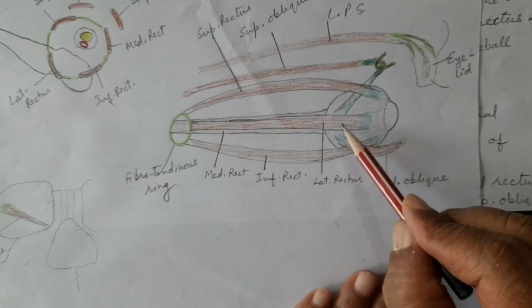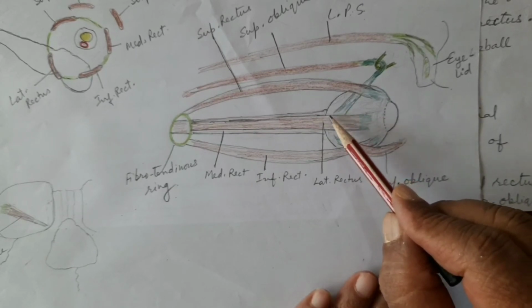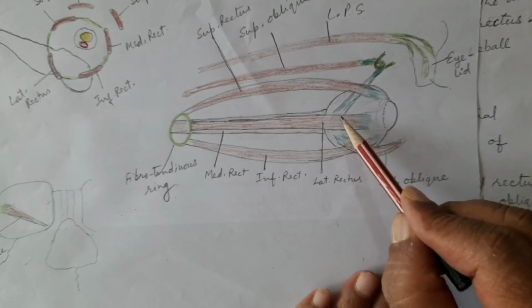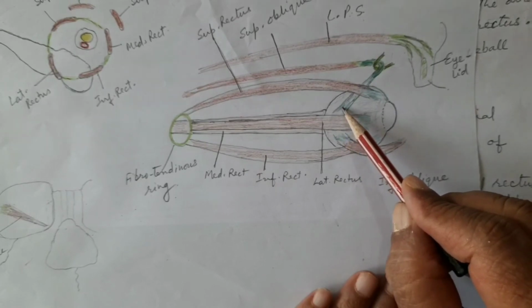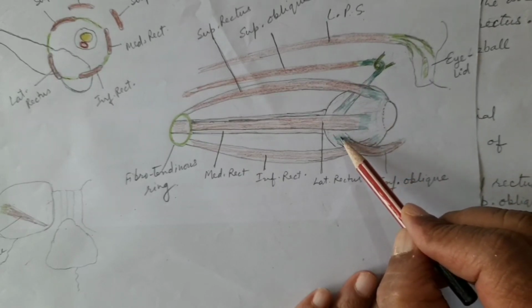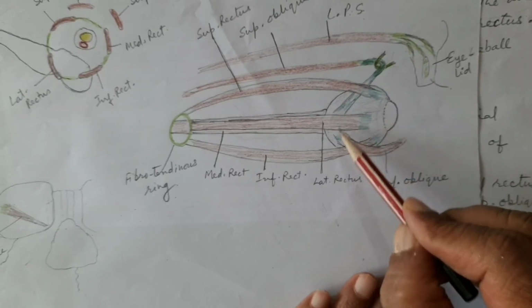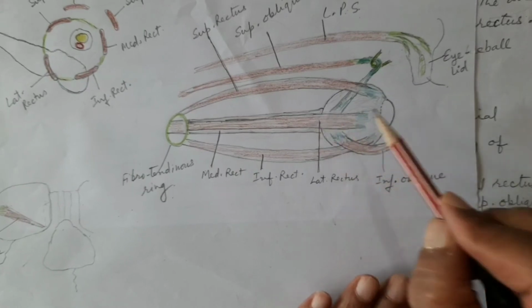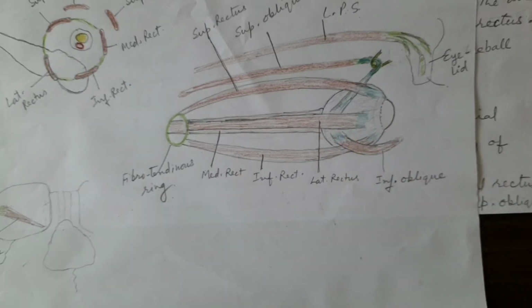So both the muscles will attach onto the lateral quadrant, and these two insertions, of superior oblique and of inferior oblique, are close to each other, deep to that of the lateral rectus muscle.